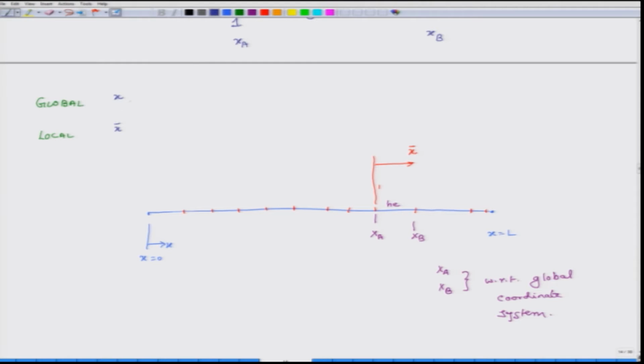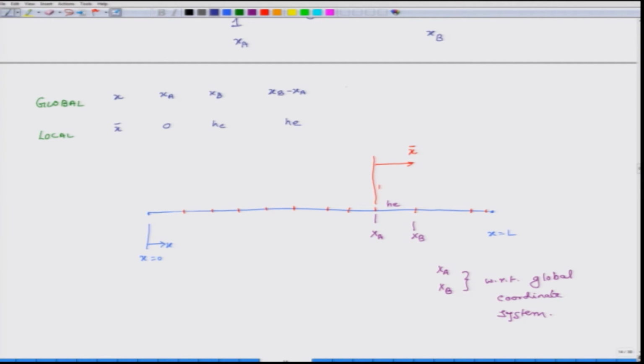In my global coordinate system, when x is equal to xA, in my local coordinate system x bar is equal to 0. In my global coordinate system, when x is equal to xB, locally it is HE. Also, xB minus xA equals HE.